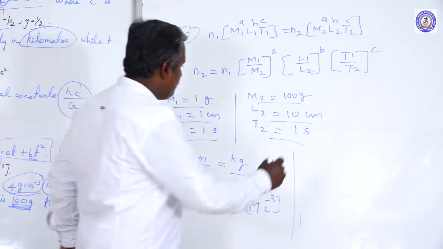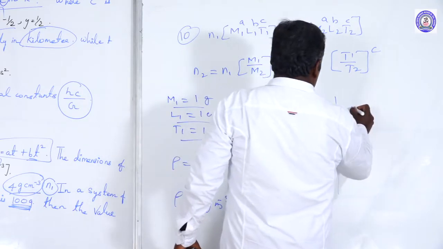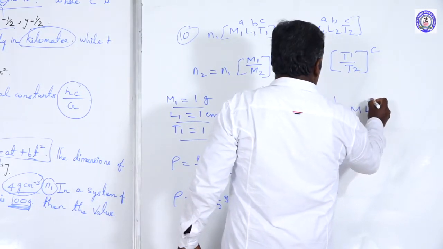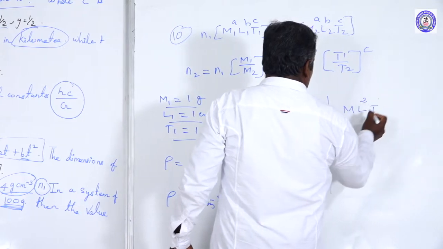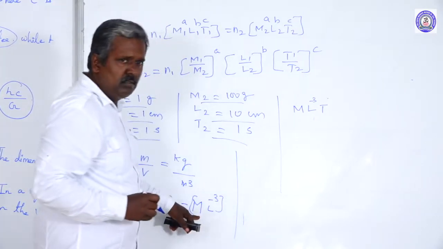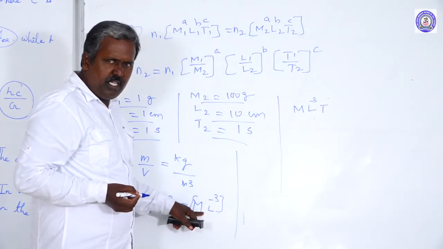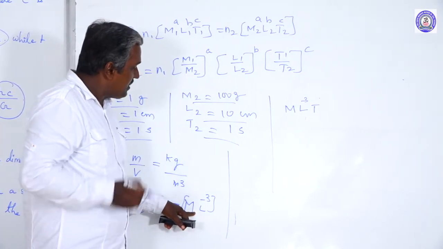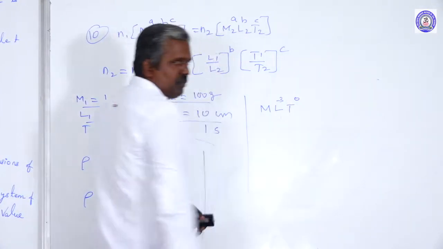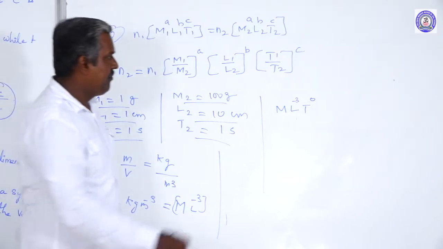From this M L T, here there is no T value, so T power 0. Clear? That's all.